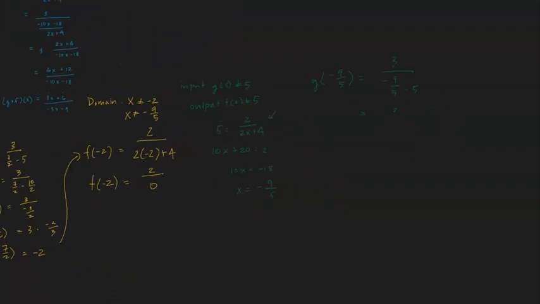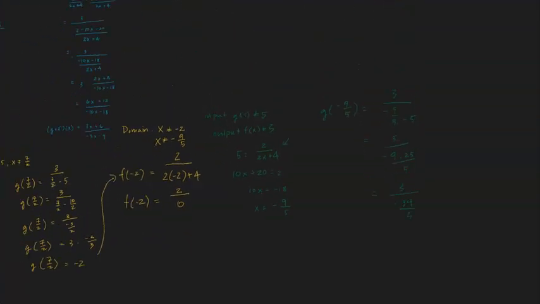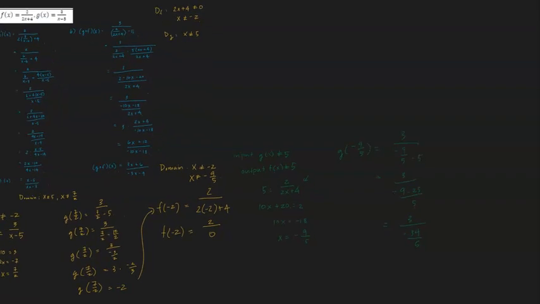Okay, so that's going to be 3 over negative 9 minus 25 over 5. So that's going to be 3 over negative 34 over 5. Something is not right here. Let's see. I used the wrong input function. Whoa, whoa, whoa. Okay, it happens.